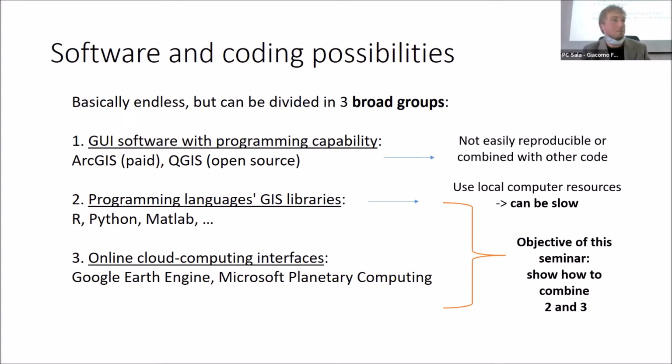Giacomo, talking about the third option, are those freely available or do we have to pay? Yes, thank you. They are completely free for research, so for non-commercial purposes, both of them are usable. However, as you might know, you have to make a special request in advance.